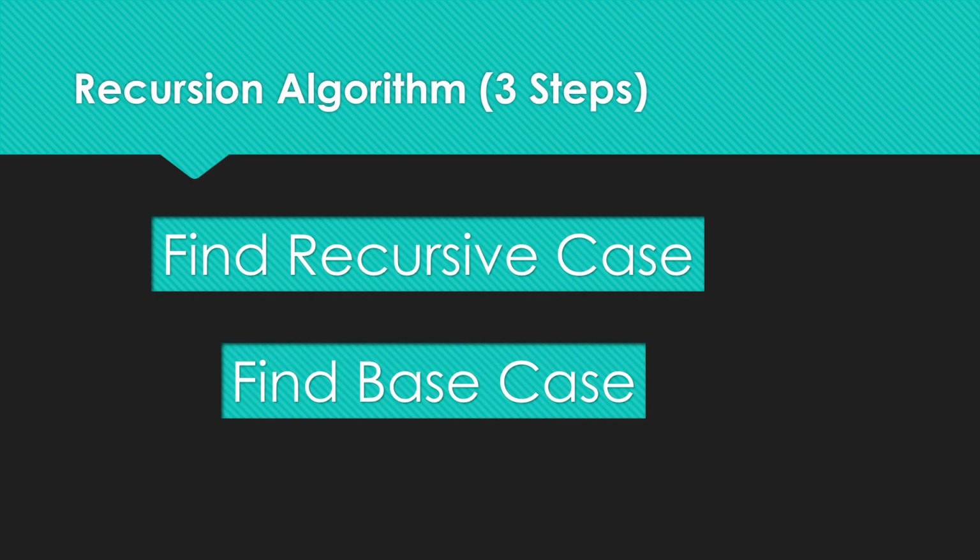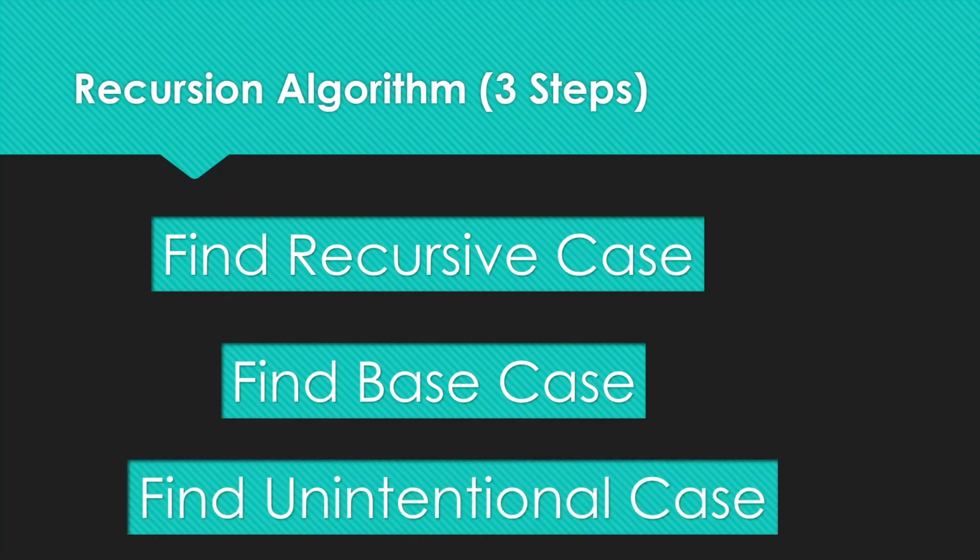When we do not have any other doll inside the nesting doll. So when the doll is equal to 1, that's the base case. Then we have the unintentional cases. For example, for the Russian doll function, we don't want someone to give us a negative number, because we cannot have negative Russian dolls, and maybe you cannot also have 0.